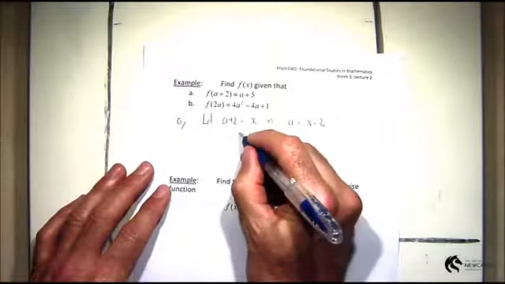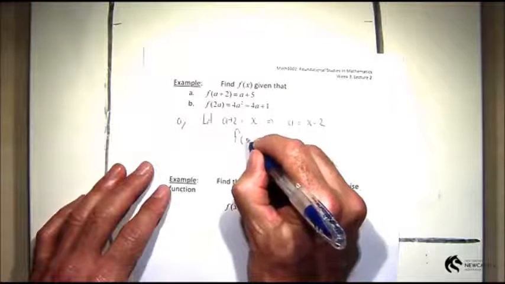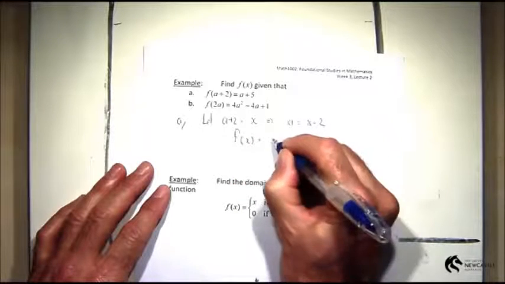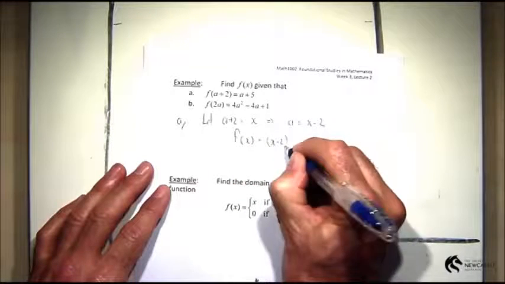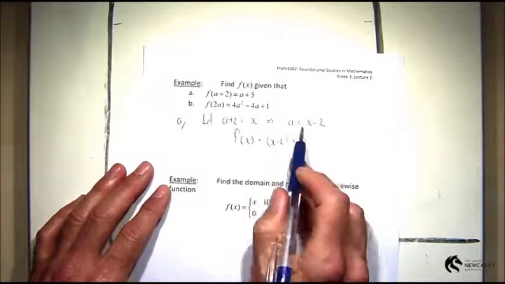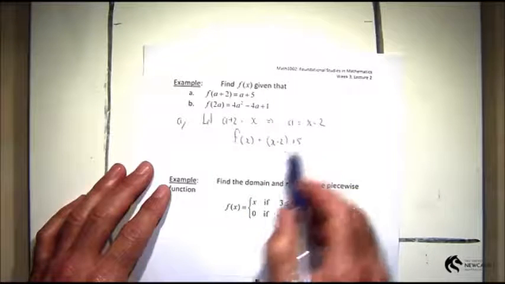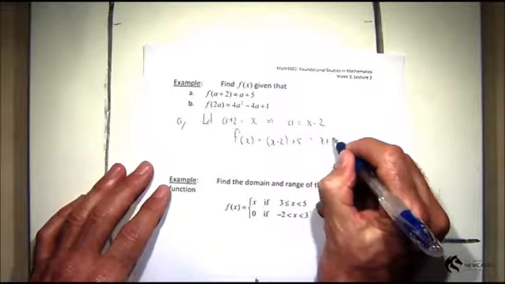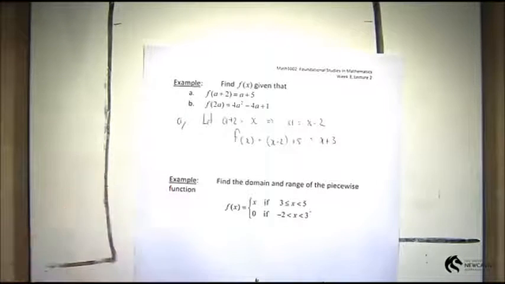And therefore, from this equation, f(a + 2), which is f(x), is equal to x minus 2 plus 5. That becomes x + 3. So if f(a + 2) is a + 5, then f(x) was in fact x + 3. So that's just an exercise in algebraic manipulation.